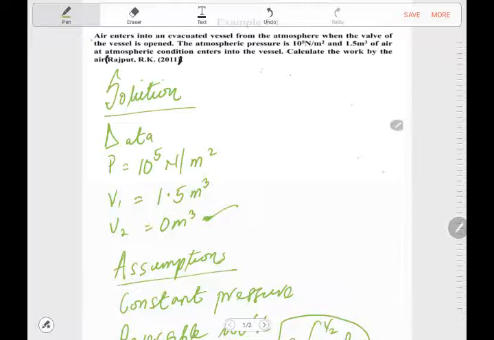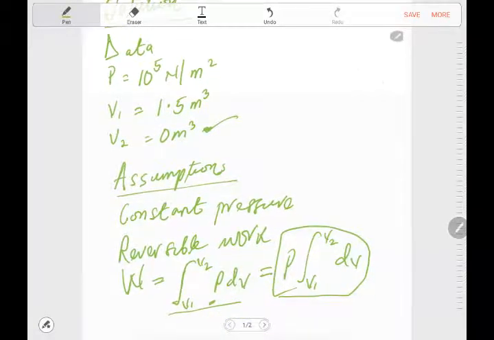So for us to be able to proceed, we need to make some assumptions, and one of the assumptions is that we have constant pressure. And the work is going to be assumed to be a reversible work. If these two assumptions hold, then our W will be given by this expression.